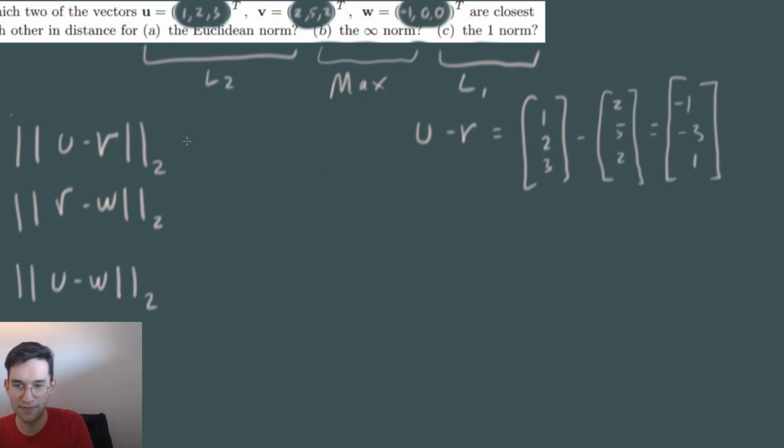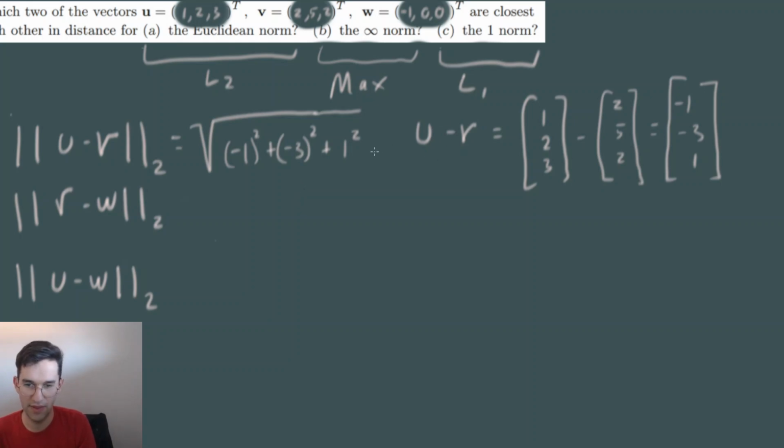To find the norm, we take the square root of negative 1 squared, plus negative 3 squared, plus 1 squared. So this equals 1, 9, 1: 10, 11, square root of 11.